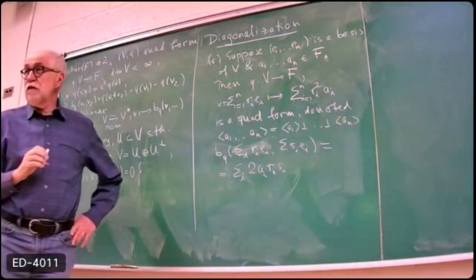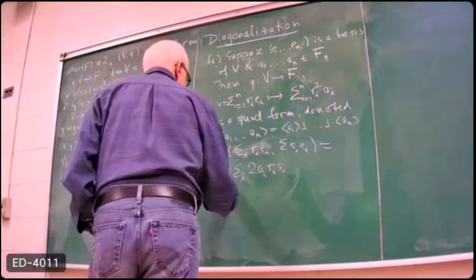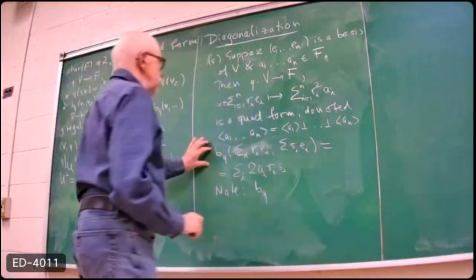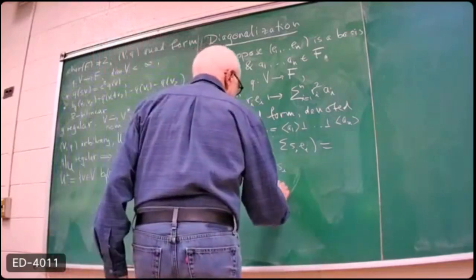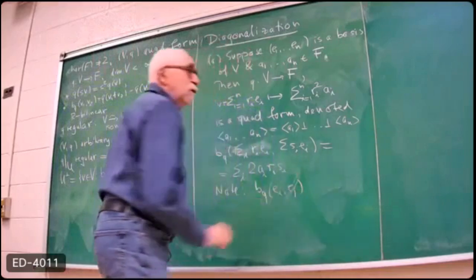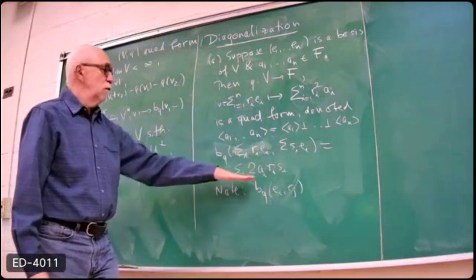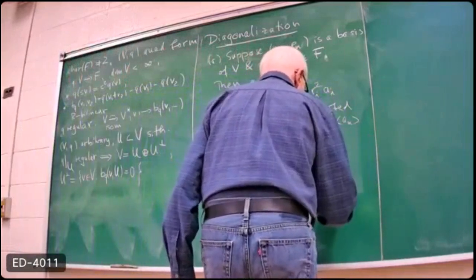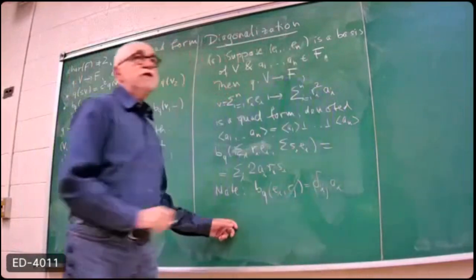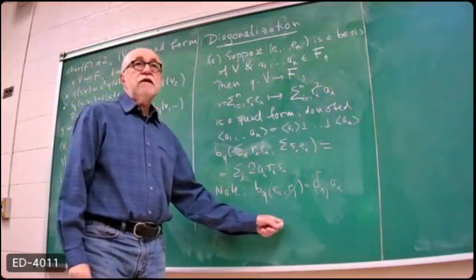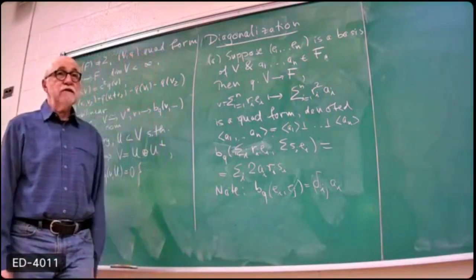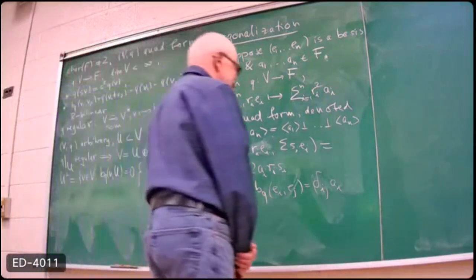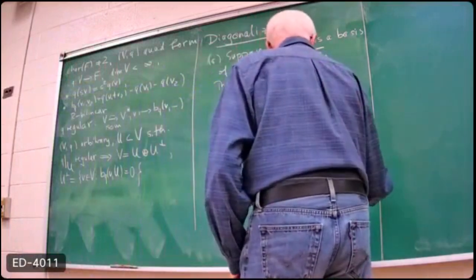Now notice that this particular quadratic form has the property that if you work out B_Q of e_i, e_j, you see in this formula, it is 2 a_i delta_ij. If i is not equal to j, then this is 0, so you have an orthogonal basis. Just checking if you are following. Yeah, exactly. Don't trust me.